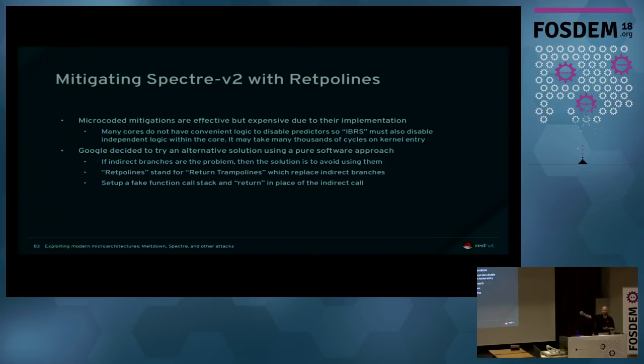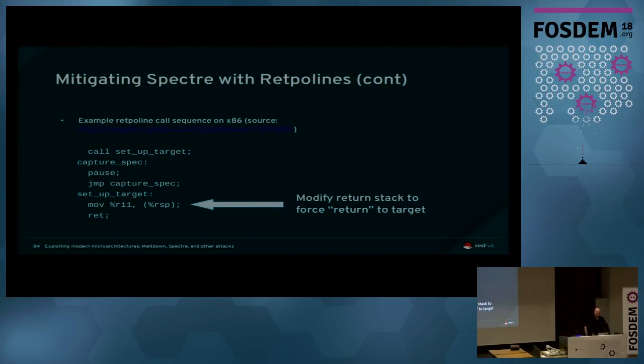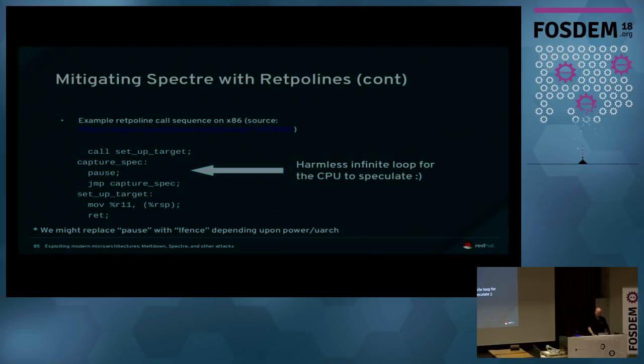So they have a particular code sequence where they modify what look like indirect function calls and make them look like function returns. So they won't use the indirect predictor. It's a cute hack. It's not nonsense. It's very interesting. And it does, unfortunately, also require you to change your compiler and rebuild lots of things. So we are switching to that one because it's much more performant than turning off our branch predictors everywhere. And it also does cute stuff like put a harmless infinite loop in. If you're going to speculate, just speculate that and go away.